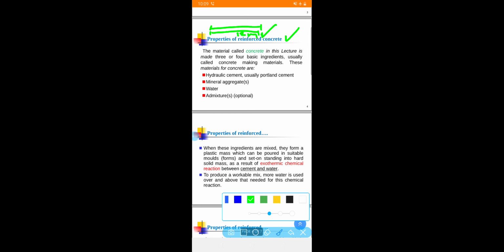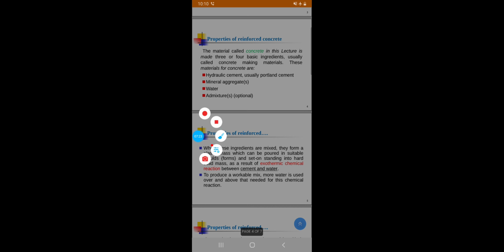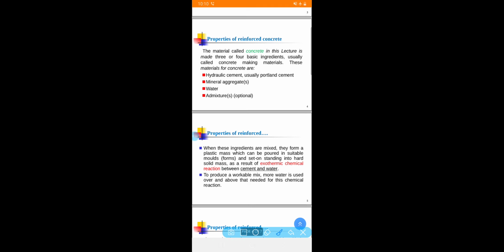So it is steel which is 12 meters in length. It might be different in diameter. The diameter of this bar might be 6, it might be 8, it might be 40, or above, but this is known as reinforcement.